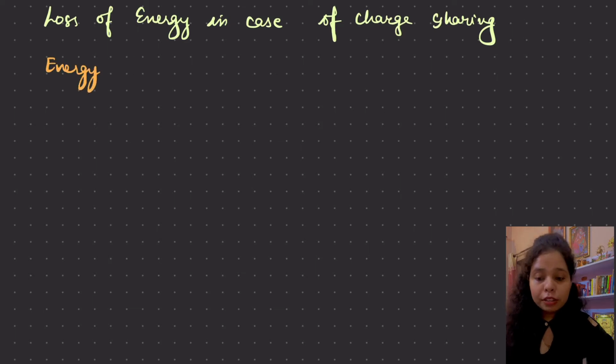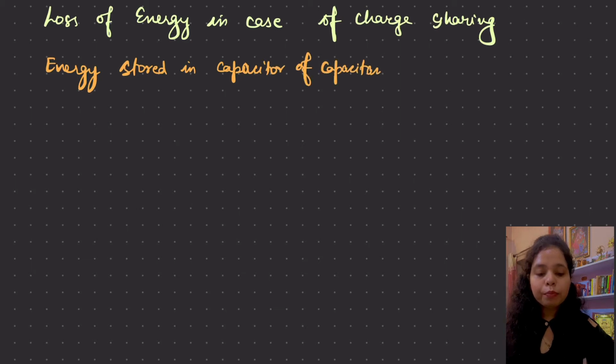Let us say we have a capacitor of capacitance C1. Therefore, the energy stored in a capacitor of capacitance C1 is given by half C1 V1 square.